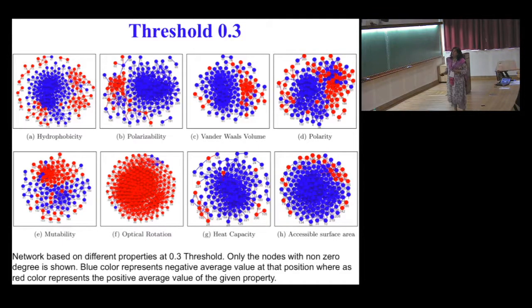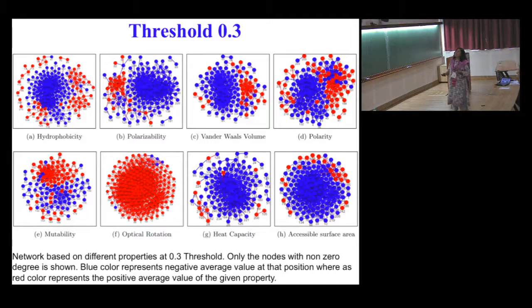Only the non-zero degree or the non-zero link nodes are shown. The blue color tells us the negative average value of the property, whereas the red is the positive value.